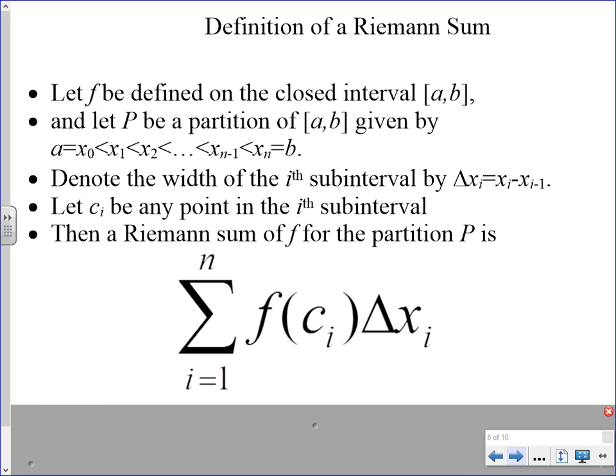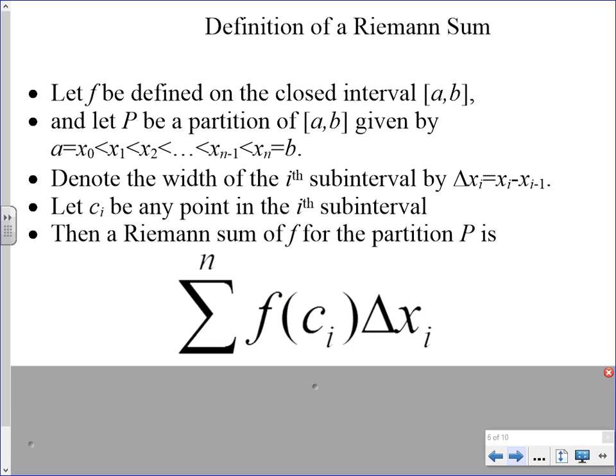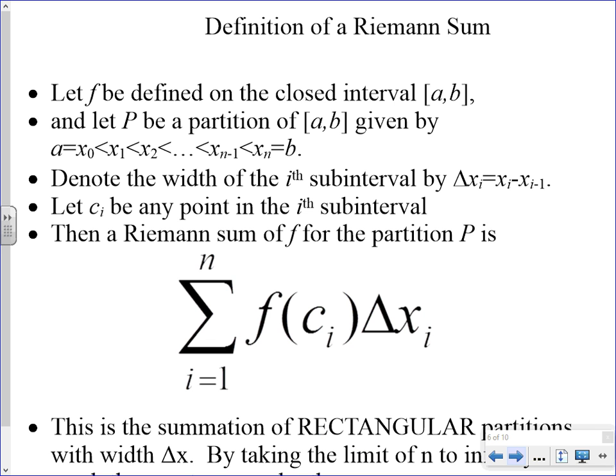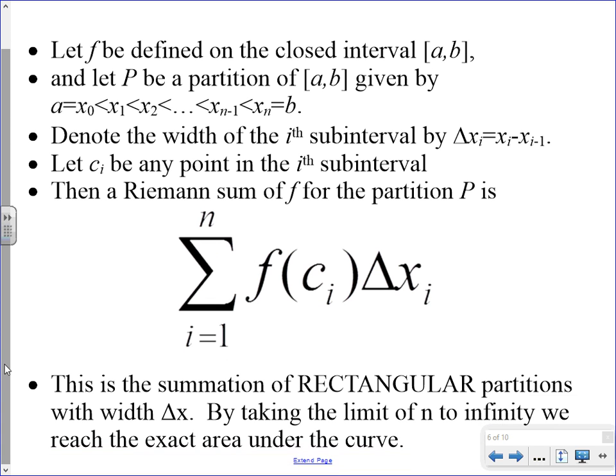So this is how we're going to add up our rectangles. This is kind of what you wrote down earlier. We're going to do this with rectangular partitions, not trapezoidal. Trapezoidal would be way too complicated with the algebra, so we're going to keep it simple and keep it as rectangles.